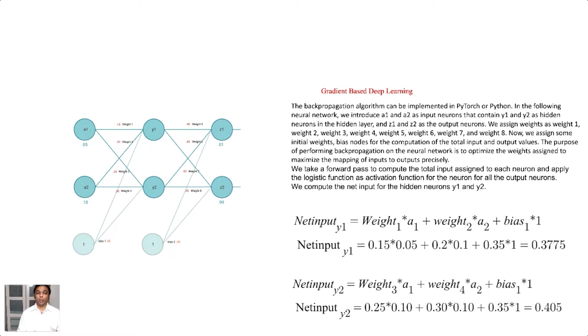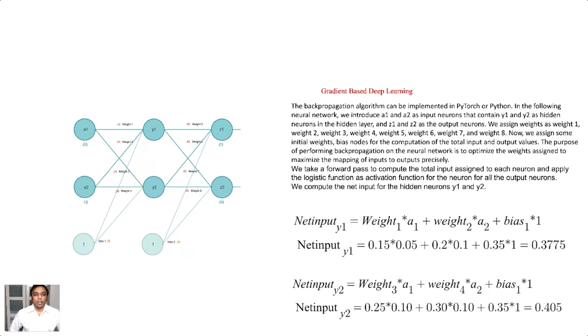So you initially randomize the values so that each neuron is assigned a particular weight. A1 and A2 are your input neurons, Y1 and Y2 are the hidden neurons, and Z1 and Z2 are your output neurons.